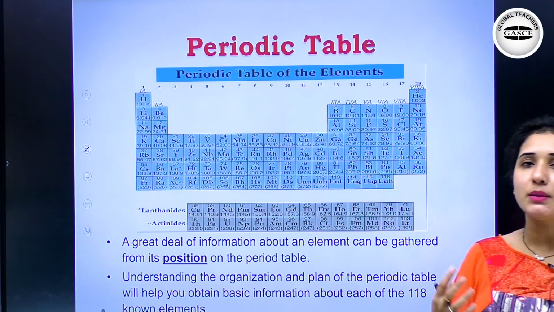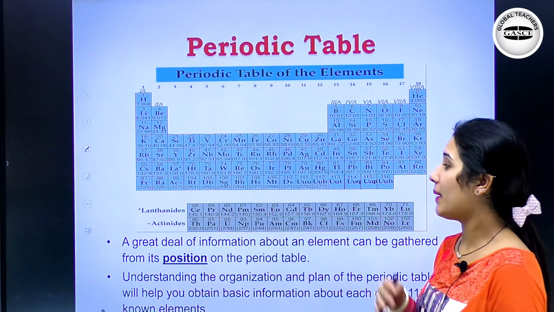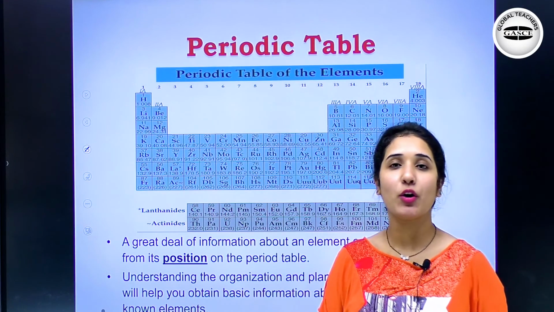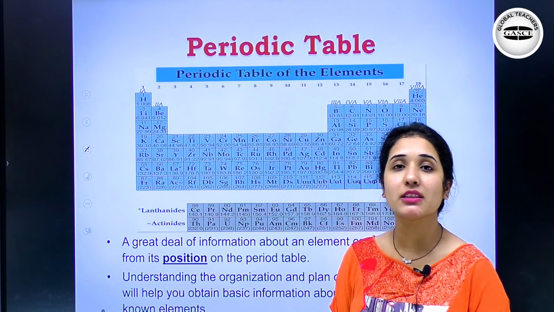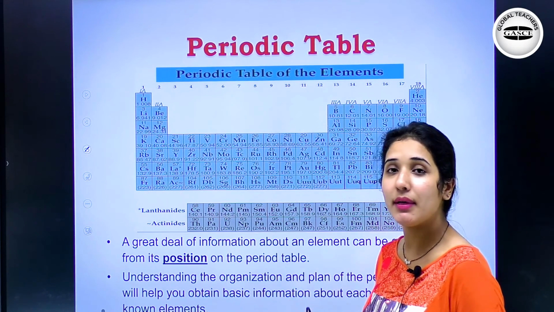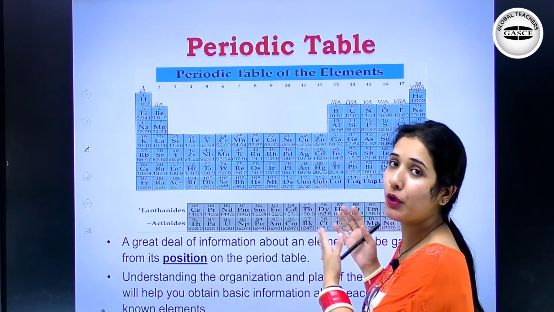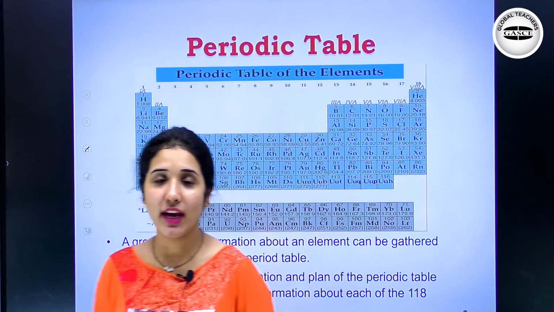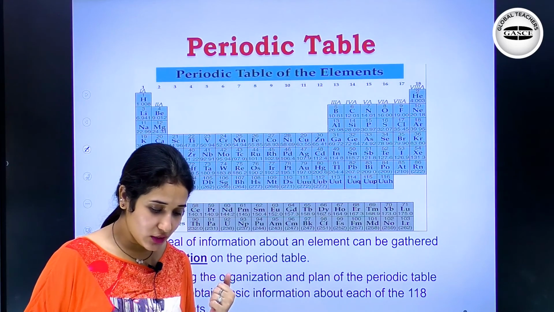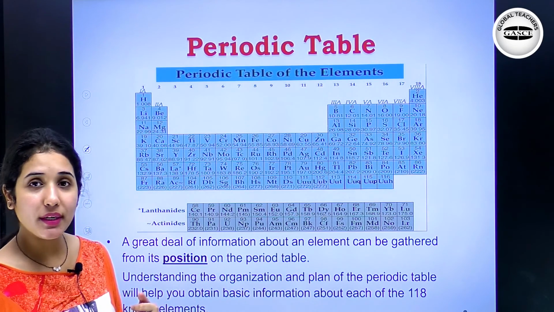So what does the periodic table tell us? Basically, with the help of the periodic table, we are able to identify the placement of different elements according to their different properties. It is basically a classification of elements on the basis of their properties.